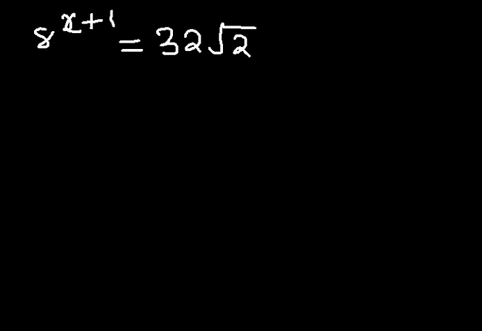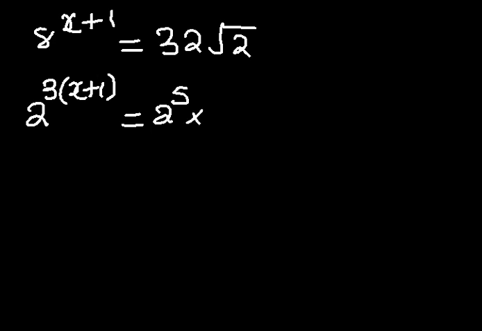The lowest base is 2, which means we have 2 to the power 3 corresponds to 8, so we have 2 to the power 3 to the x plus 1, which is equal to 32, given as 2 to the power 5, times the square root of 2, which is the same as 2 to the power half.